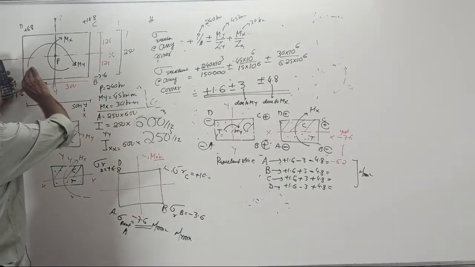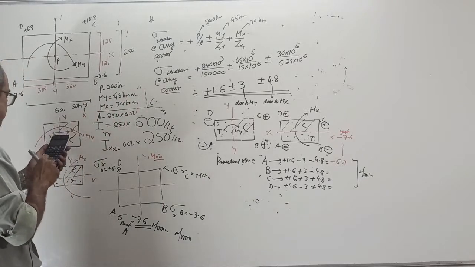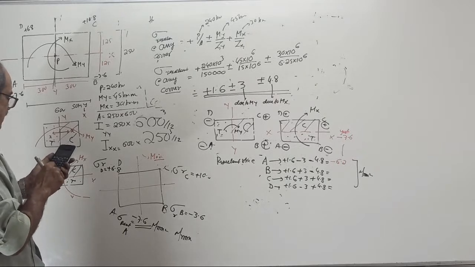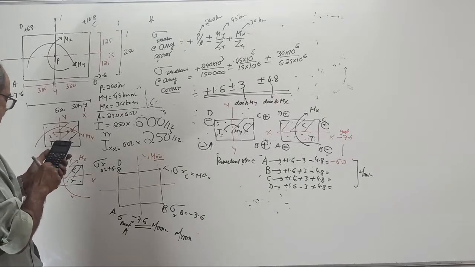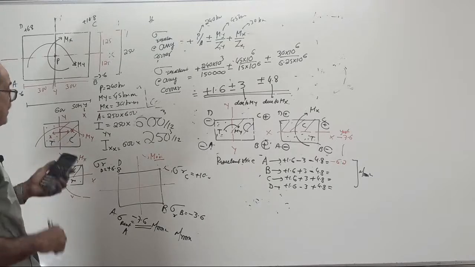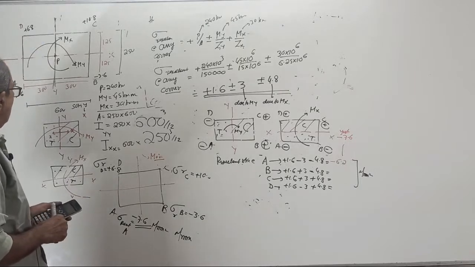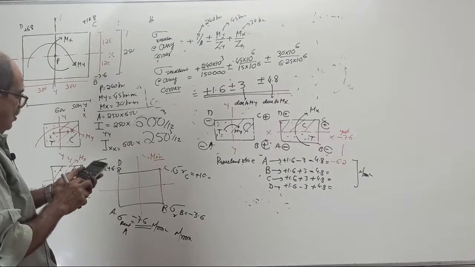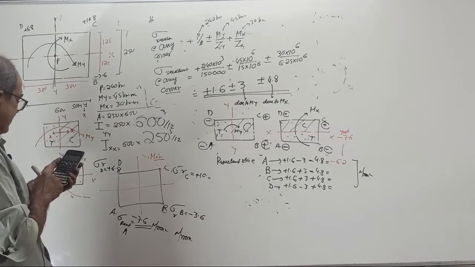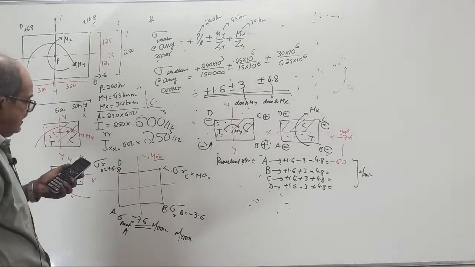You told yesterday I wrote 45 here. 45 times 10 to the power 6 divided by 250 into 600 square divided by 6 is coming 3. And moment about X is 30 you told. 30 times 10 to the power 6 divided by 600 into 250 square divided by 6 is coming 4.8.